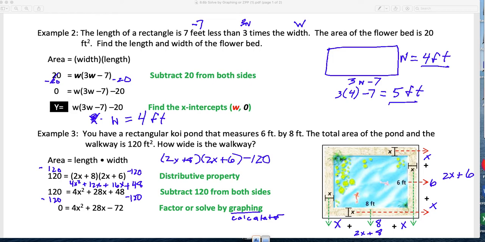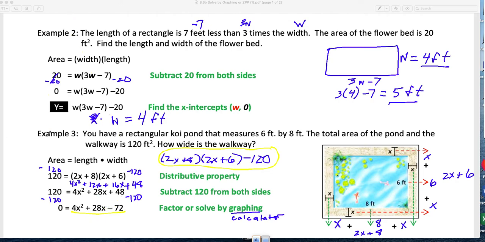The calculator doesn't care what form the quadratic's in, it's going to work just fine. So that could go in the calculator like that. Everything has to be on the same side. Or this could go in the calculator because, again, everything has to be on the same side. We're going to be conventional. We're going to go ahead with this one.